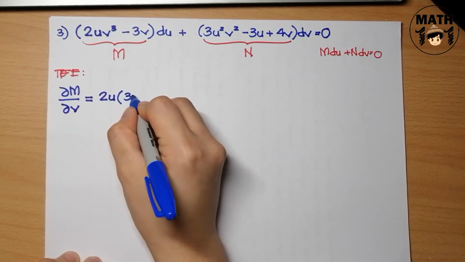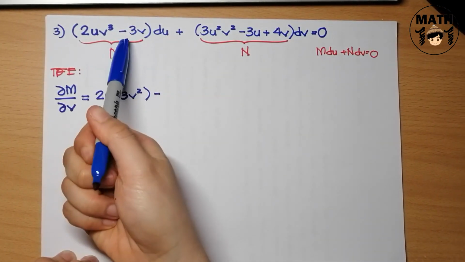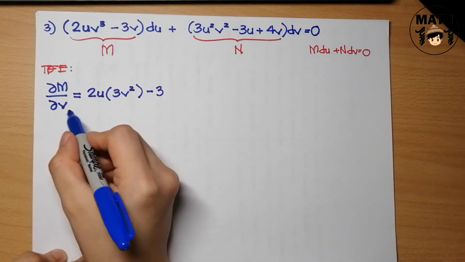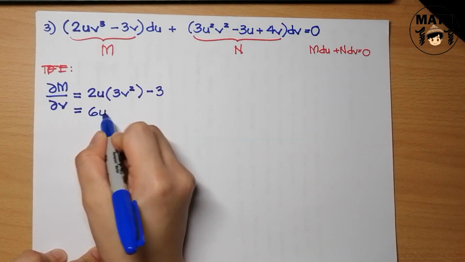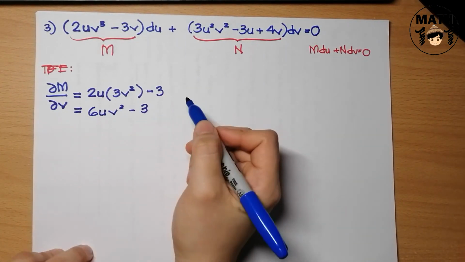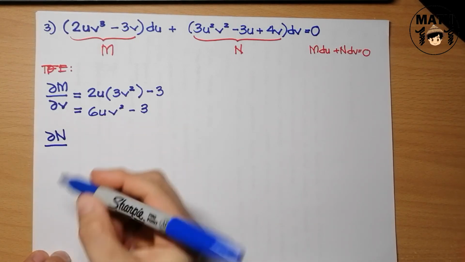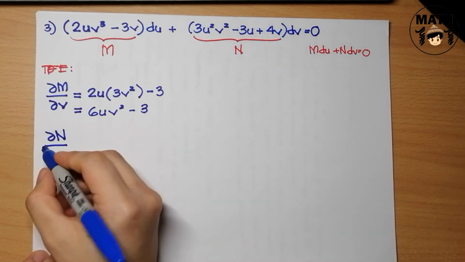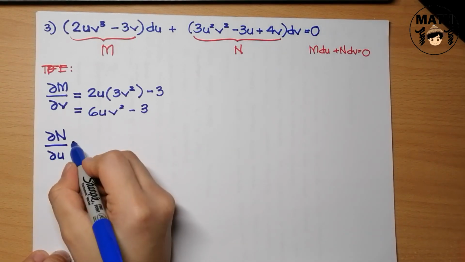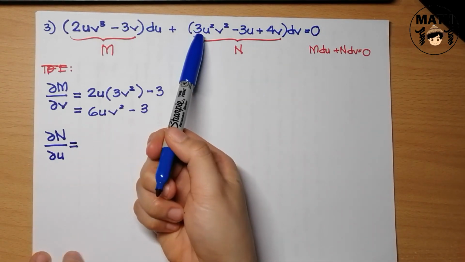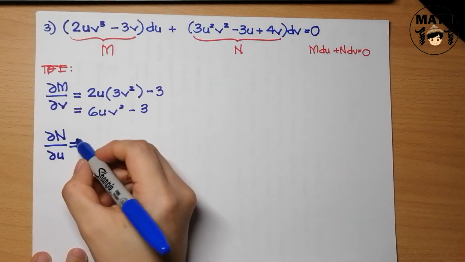Derivative ng v cubed is 3v squared minus derivative ng 3v, so 3. Simplify lang natin to, 6uv squared minus 3. Next, i-take naman natin yung partial derivative ni N with respect kay, so dahil kasama niya si dv, ang differentiation ay with respect kay u. So derivative of 3u squared v squared, with v squared ay taken as constant.